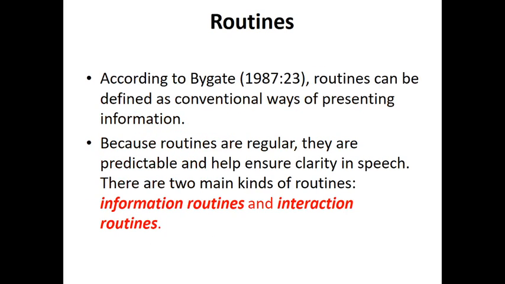According to Bygate, routines can be defined as conventional ways of presenting information. Because routines are regular, they are predictable and help ensure clarity in speech. There are two main kinds of routines: information routines and interaction routines.